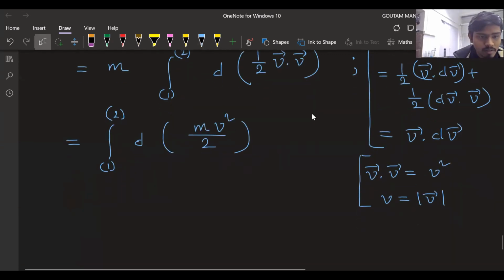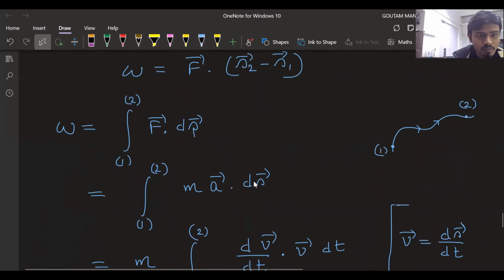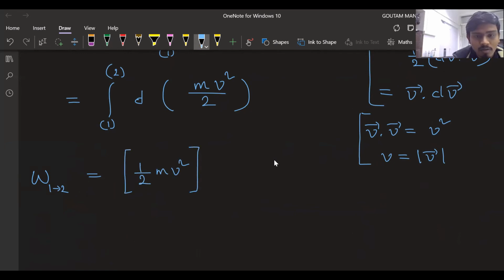This means the work done from point 1 to 2 is basically the integral of d of (1/2 m v square), with lower limit point 1 and upper limit point 2.